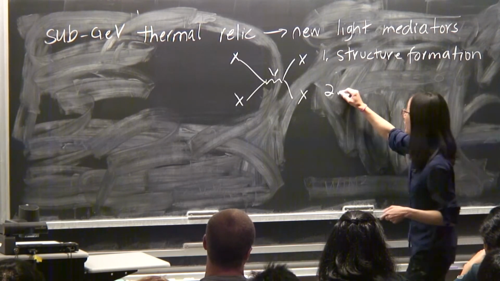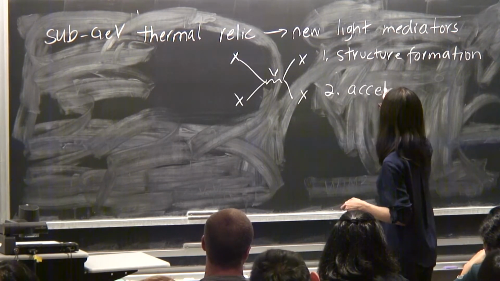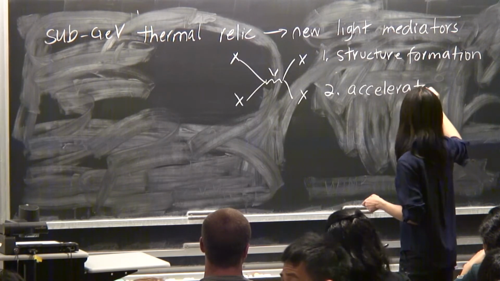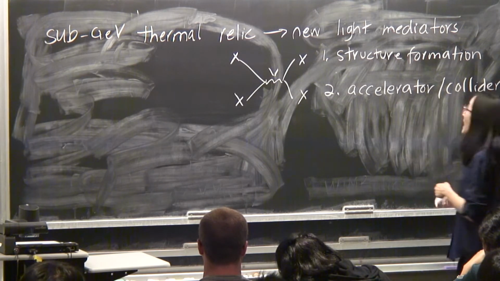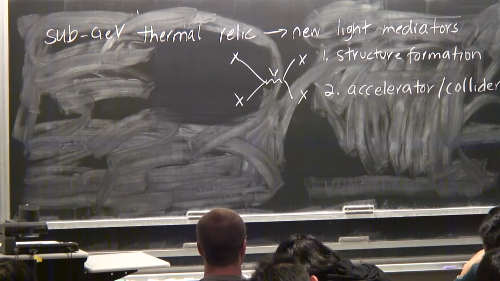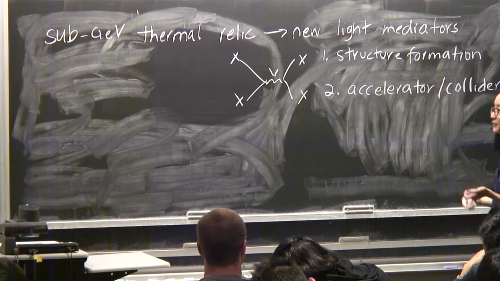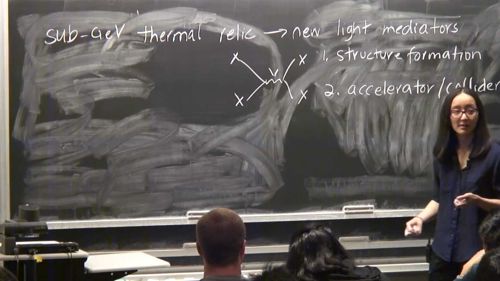If I have new light mediators, then I can have all sorts of different accelerator and collider searches that are different from the kind of signals that would traditionally be looked for if you're talking about SUSY, for instance.